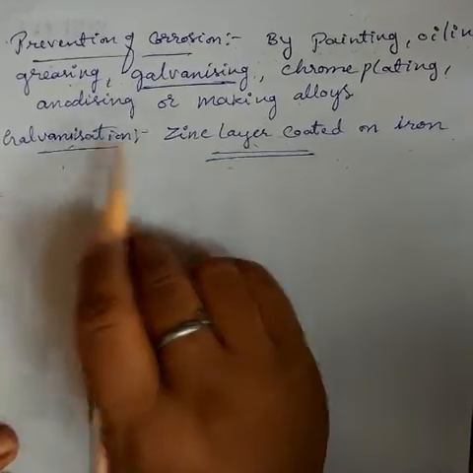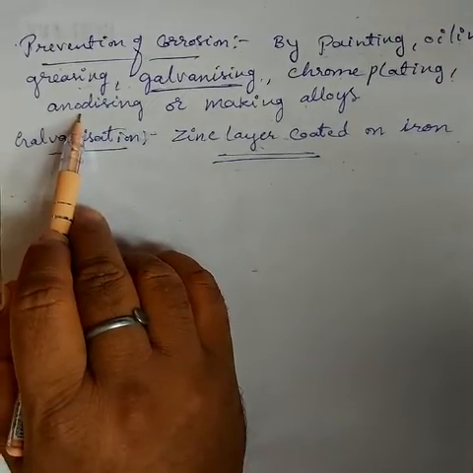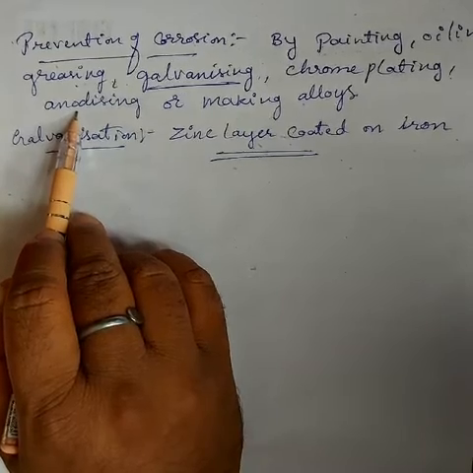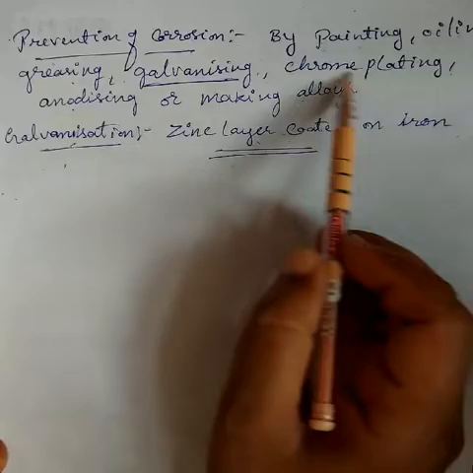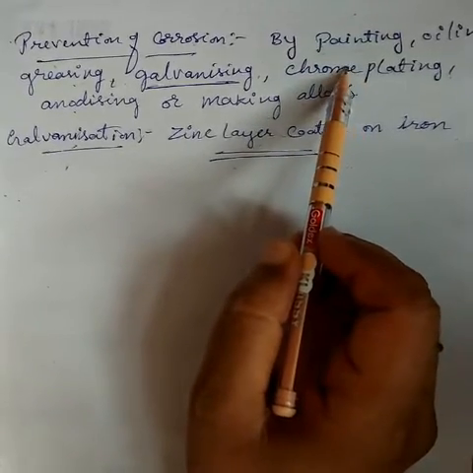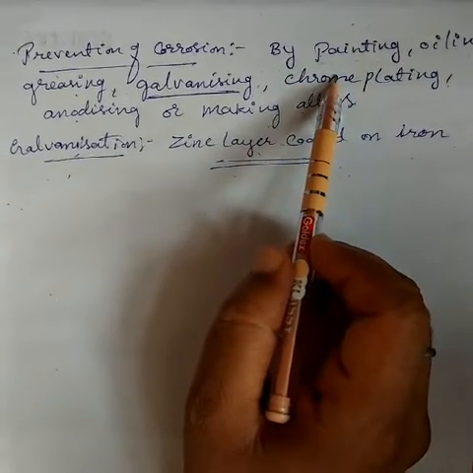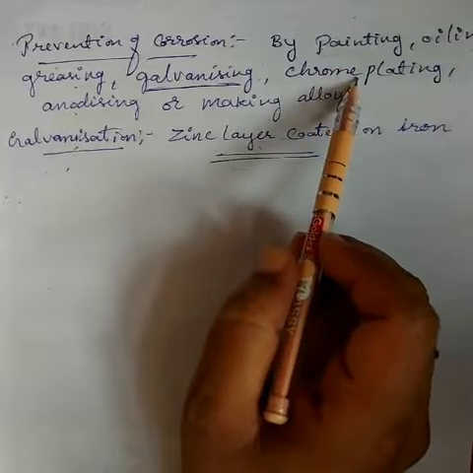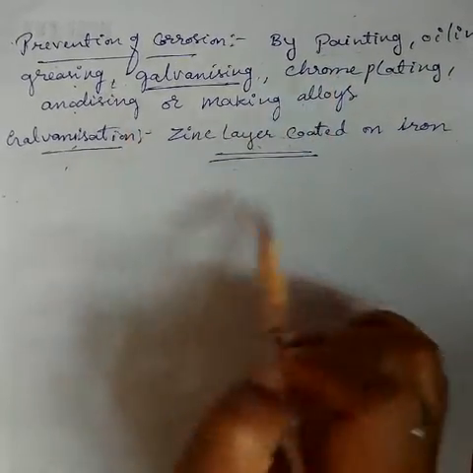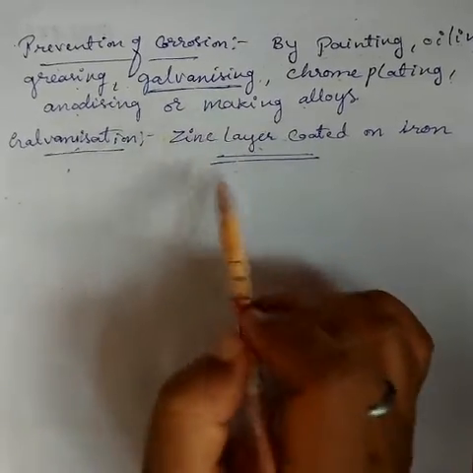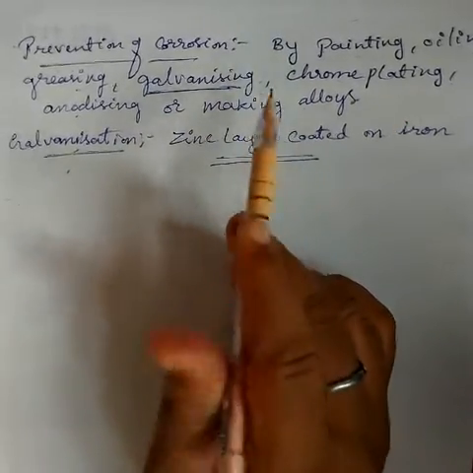Next, anodizing. I already told you that in aluminium, a layer of oxide is formed, and that is called anodizing. And chromium plating: you know that chromium is plated on iron articles to prevent corrosion. For example, the rims of cycle wheels.